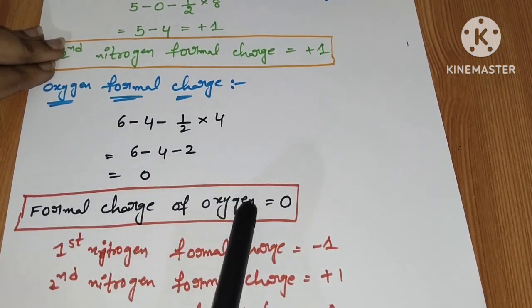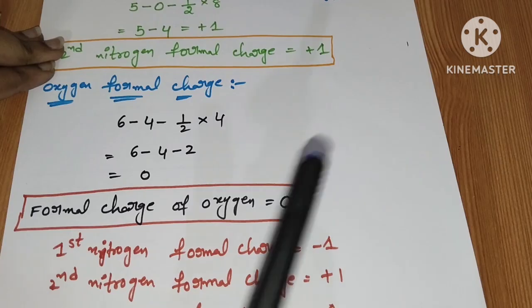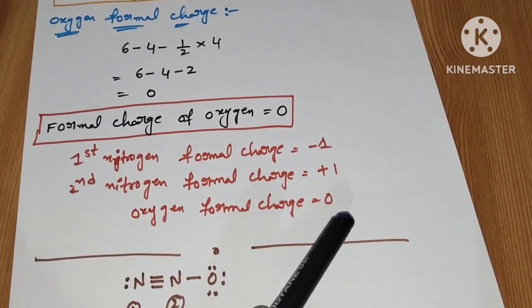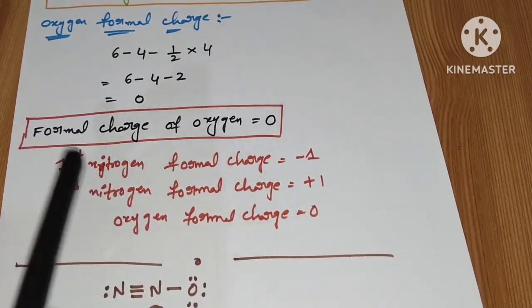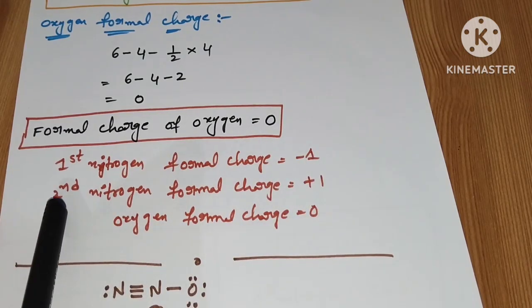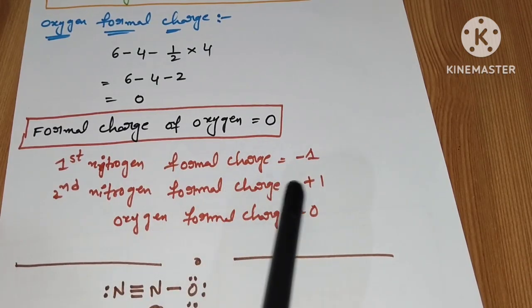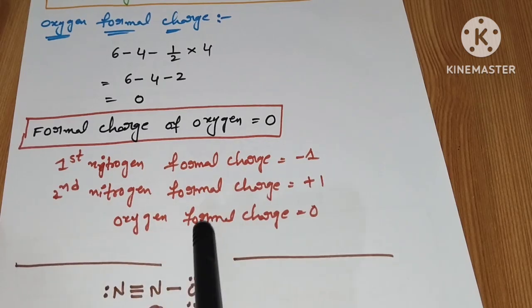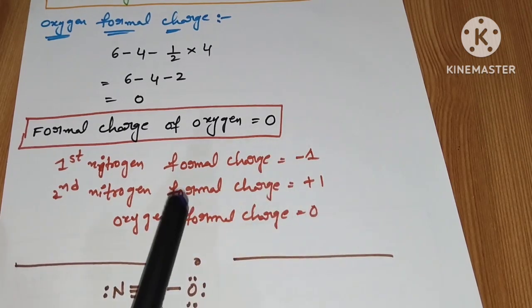Formal charge of oxygen equals 0. Now, first nitrogen formal charge is -1, second nitrogen formal charge is +1, oxygen formal charge is 0.